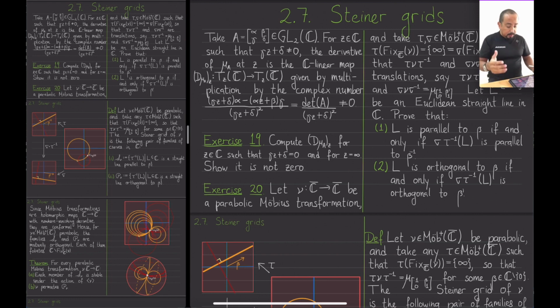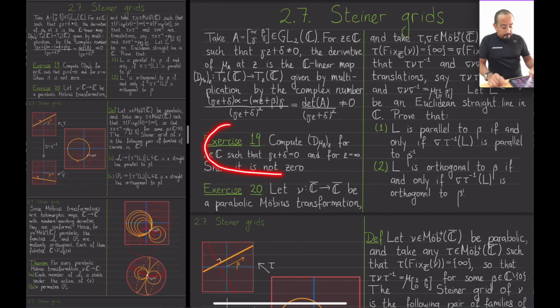But for the finite points that do not go to infinity under the Möbius transformation, one computes the derivative just as in basic complex analysis, and one sees that the derivative is this number, if the Möbius transformation is given by the matrix A. So this is not zero.